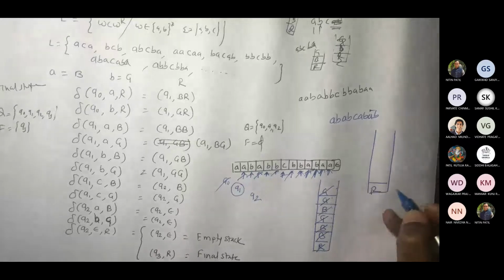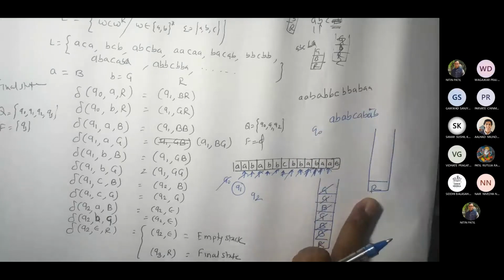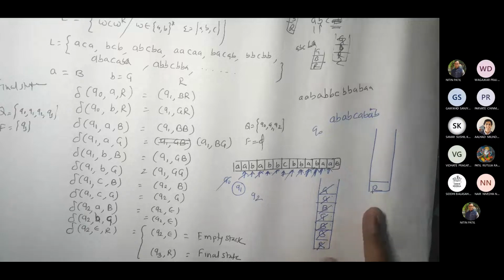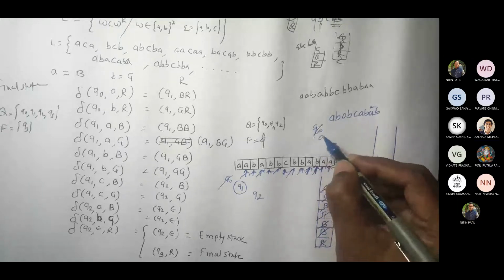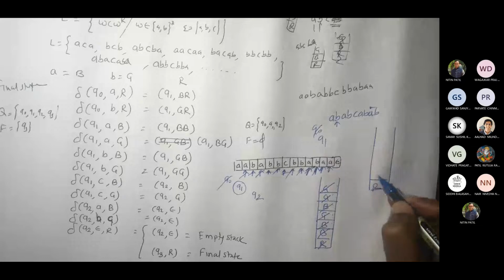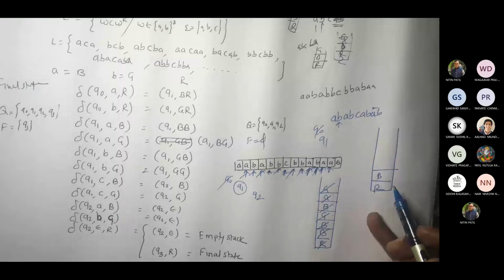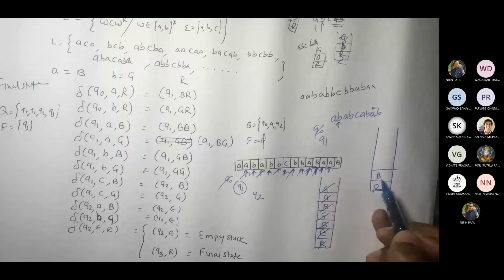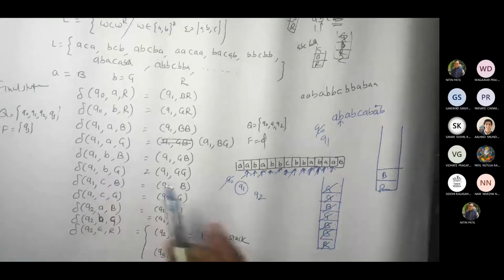So we have R, correct? Q0. Let me know what should be my next plan. Q0 A R. Q1 change. This becomes Q1. We are here. So B, Q1 BB. This B and this B. Push G, Q1 B. Good, very good.